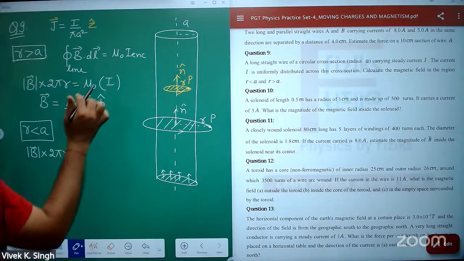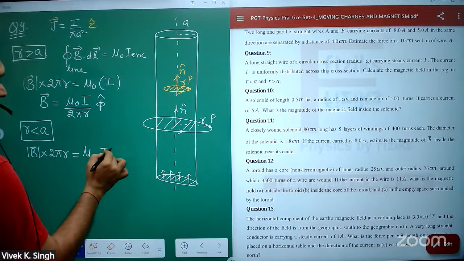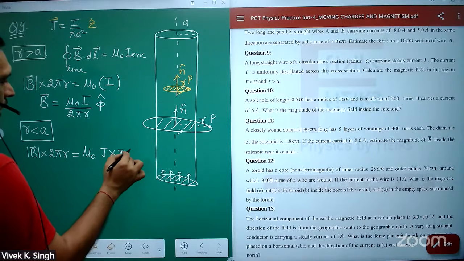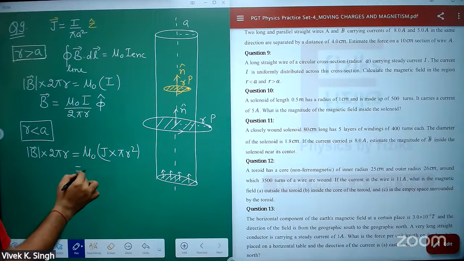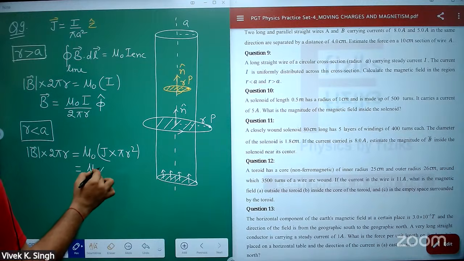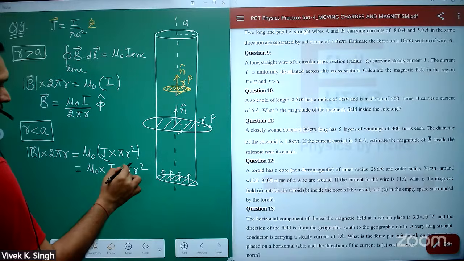And what will be the current crossing through it? Simply current density J into pi r square. This will be the current crossing through this loop. So you will get mu naught I by pi a square into pi r square. This pi will cancel out, this r will cancel out.